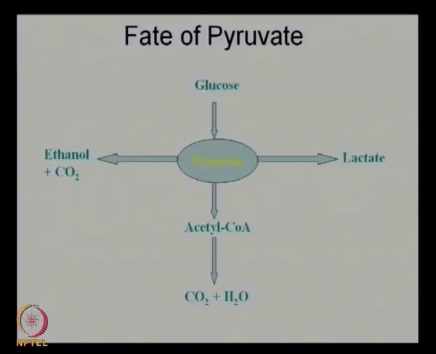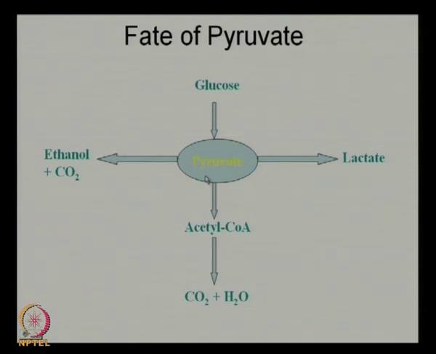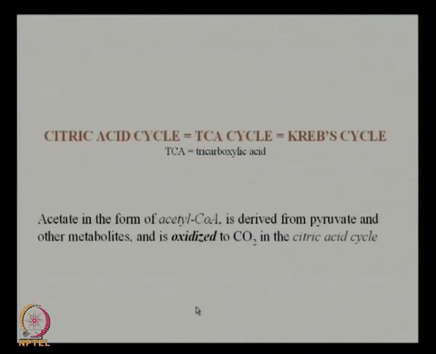And this pyruvic acid, when it goes further into the respiratory chain from the cytoplasmic fluid, is converted to acetyl CoA, and this acetyl CoA is utilized for the respiratory process. For this conversion of pyruvate to acetyl CoA, a molecule of carbon dioxide is released.